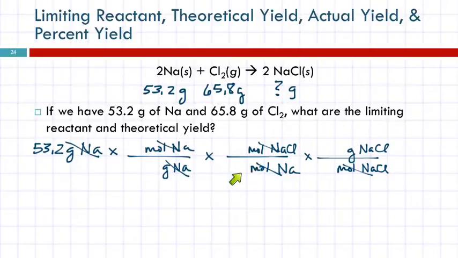This mole-mole term is the easiest because I just have to look up here. I don't have to do any calculations. 2 moles of sodium will make 2 moles of sodium chloride. So I'm going to put 2 moles of sodium chloride and 2 moles of sodium because there's a 2 in front of each. Now I need molar masses. So this sodium is an element. All I have to do is look at the periodic table.